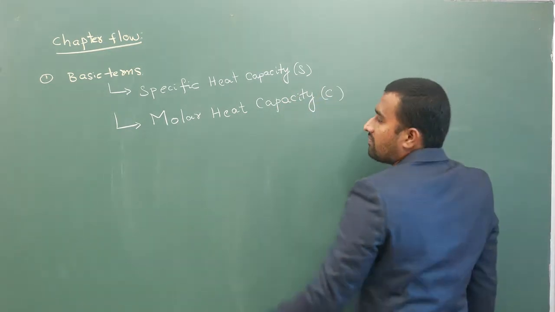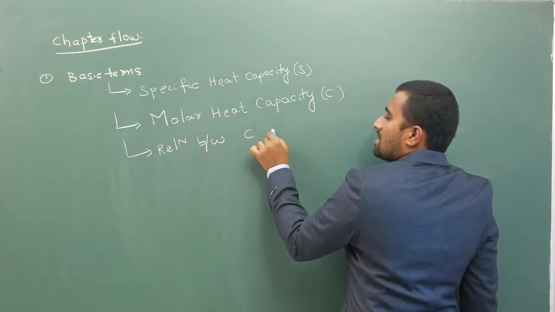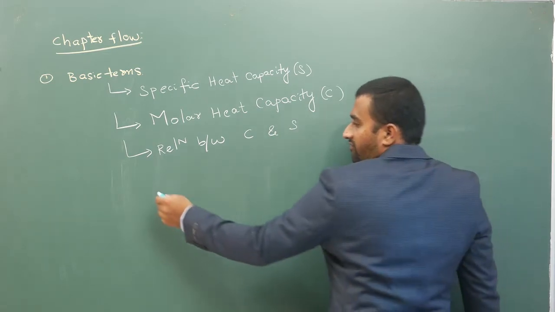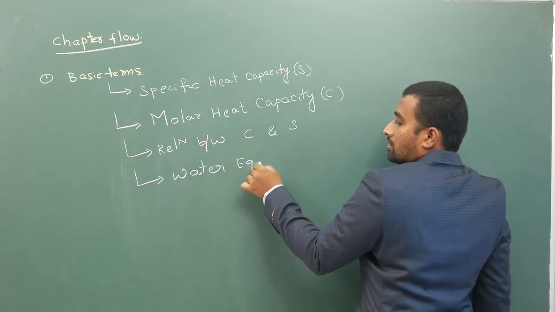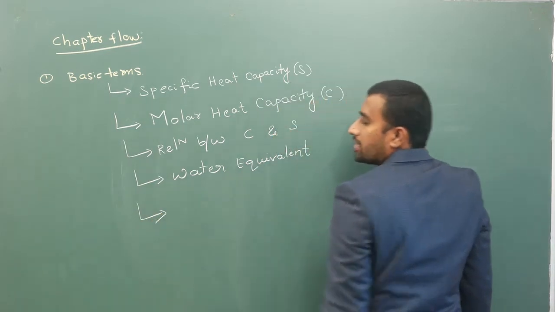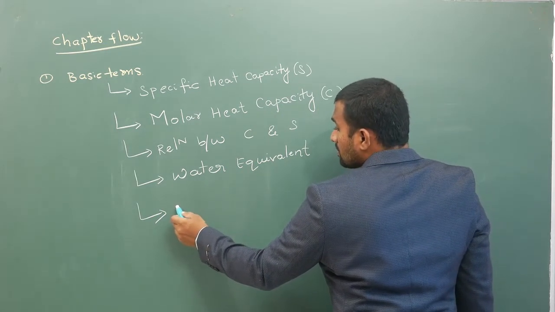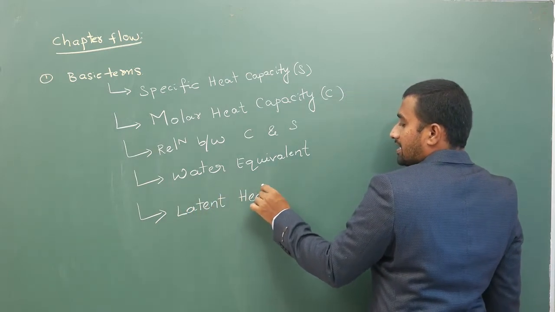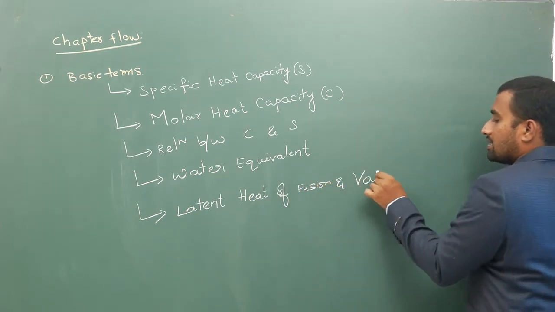Then we will see the relation between C and S, that is heat capacity and specific heat capacity. Followed by that, we will see water equivalent. Then after water equivalent we are going to see latent heat of fusion and vaporization.